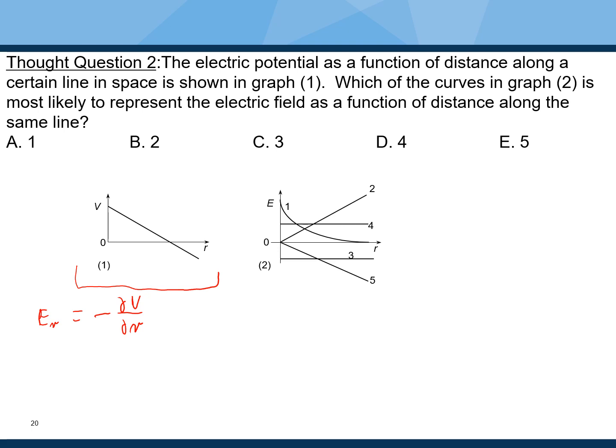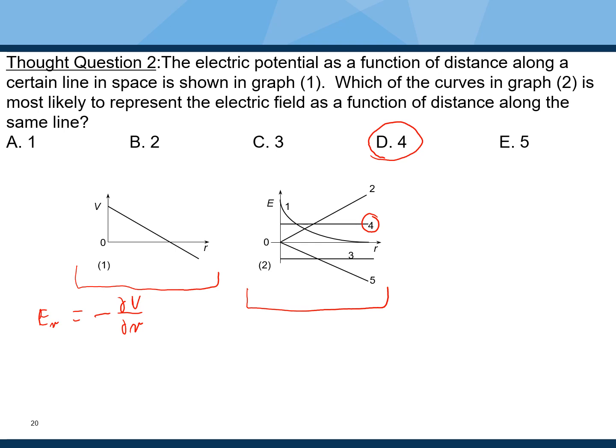However, minus dV by dr is a positive constant number, and so we realize that the electric field in the r direction is a positive constant with respect to r, which is why D, namely the line number 4 that is shown in the panel on the right, is in fact the correct answer to this problem.